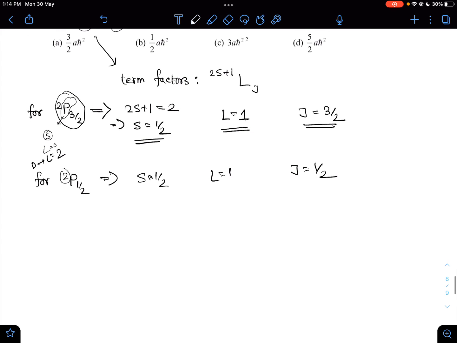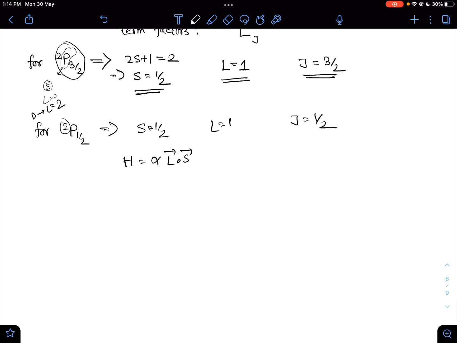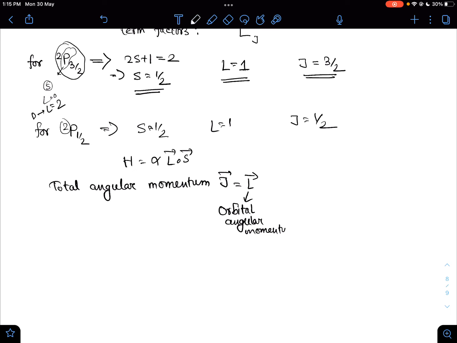Our Hamiltonian is alpha L dot S. Now from the addition of angular momentum, we know that the total angular momentum J can be represented as the addition of orbital angular momentum and spin angular momentum.